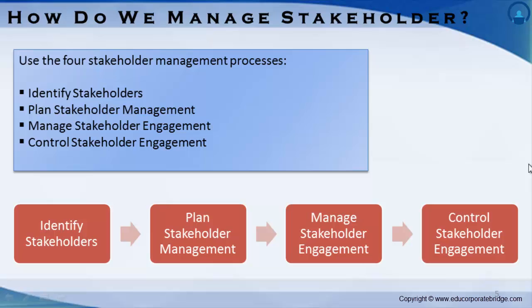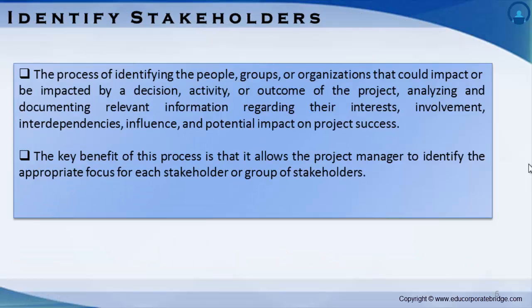Plan stakeholder management is a part of planning process group. Manage stakeholder engagement is a part of executing process group, and control stakeholder engagement is a part of monitoring and controlling process group. Now let us start with the first process in this knowledge area, which is identify stakeholders.